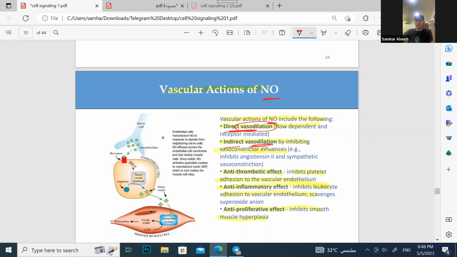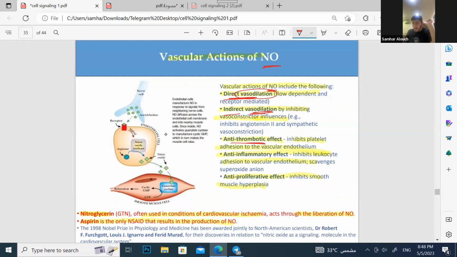Also it has antithrombotic effects, which inhibit platelets and thrombosis, things you took in HLS. And it has an anti-inflammatory effect, so it inhibits inflammation, inhibits leukocyte adhesion to the vascular endothelium, and these things included in inflammation. And an anti-proliferative effect, which inhibits hyperplasia, like the growth of the muscles.